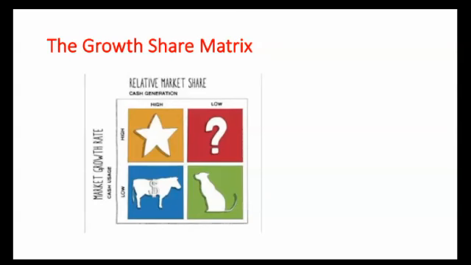Next is cash cow. Cash cows are those with a high relative market share and a low market growth rate.